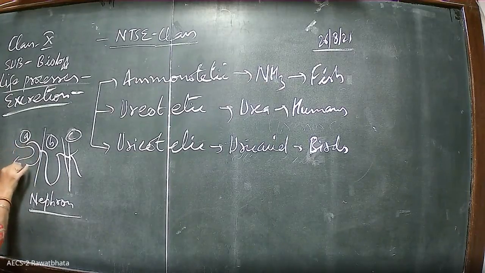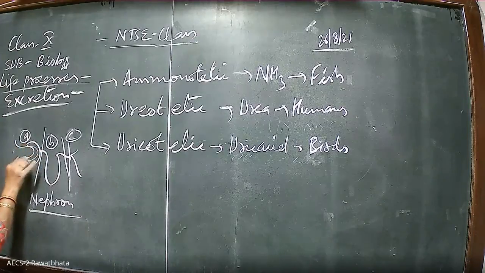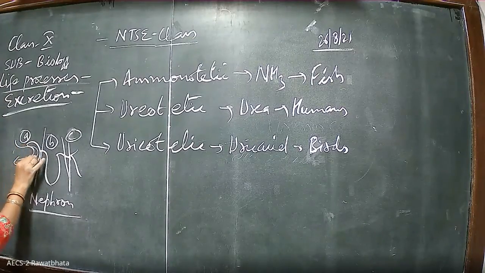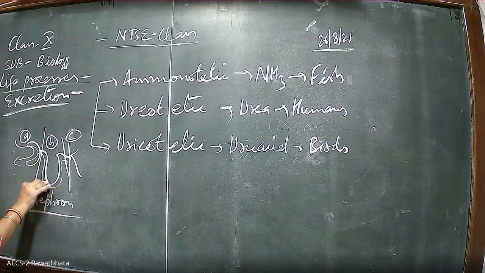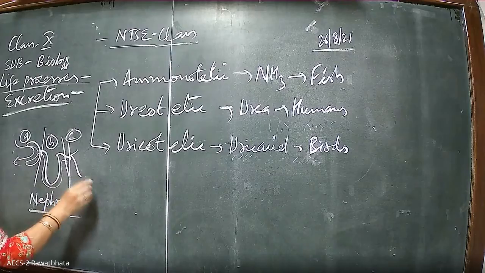In the Bowman's capsule, all the waste of the body is poured, and from there it moves down to the loop of Henle, wherein reabsorption takes place, and excretion in the last part of it.